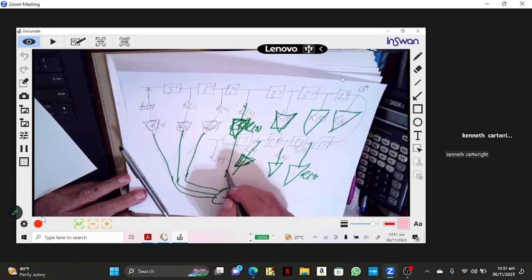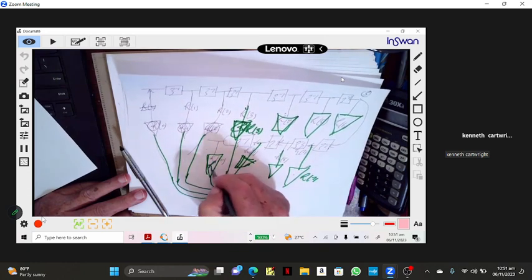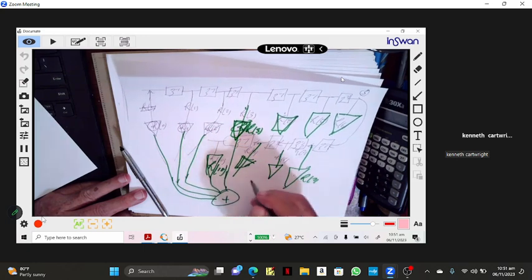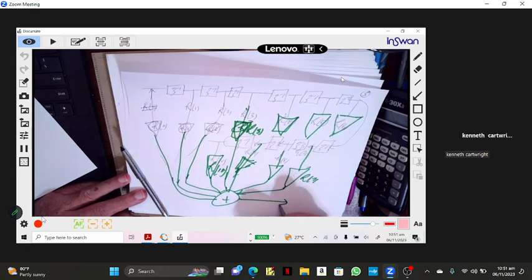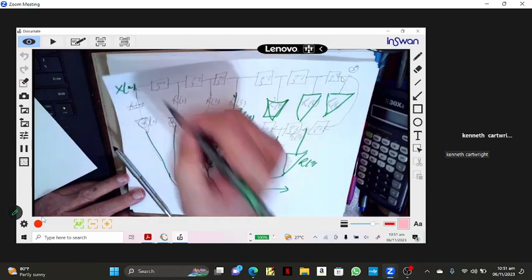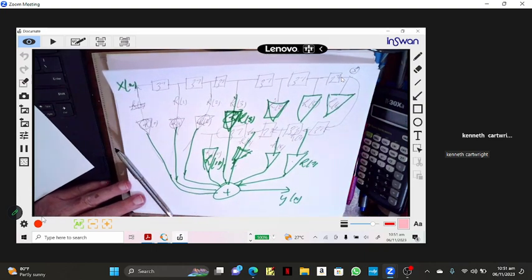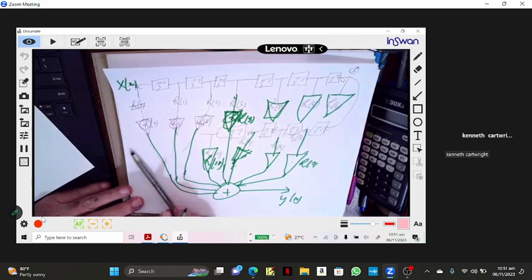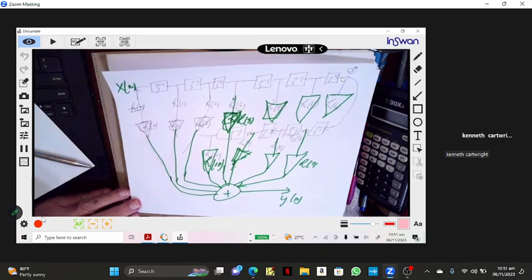That's what your difference equation says. And there's your output. There's X of n. And there's Y of n. And that's your difference equation diagram for a FIR filter. Any questions about this?